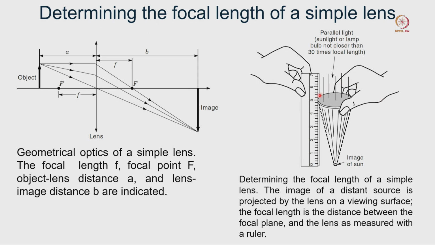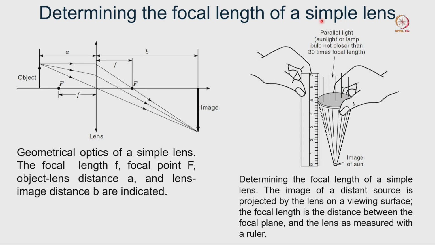So this is a lens system, and this is how we get the focus of any particular lens. If we consider the sun, when we were at school we probably all played with this lens, right? If there is a dry leaf or paper, we use a lens and the sunlight to burn that paper or dry leaf. Here we have a lens and we consider the sun to be at infinite distance.